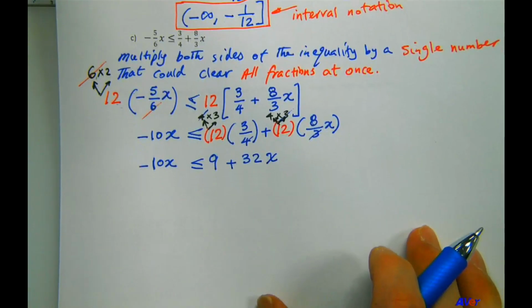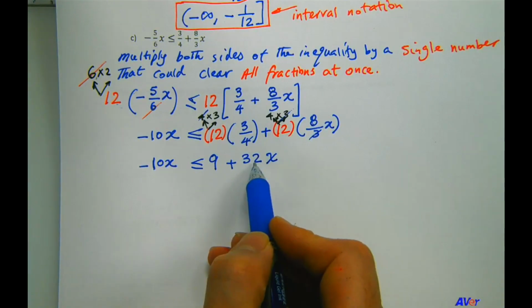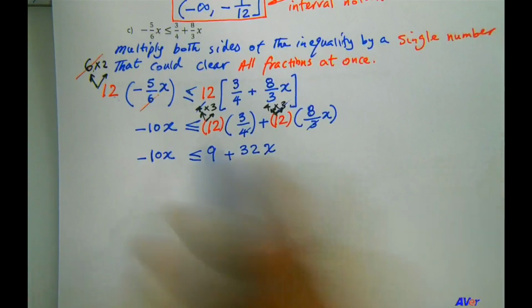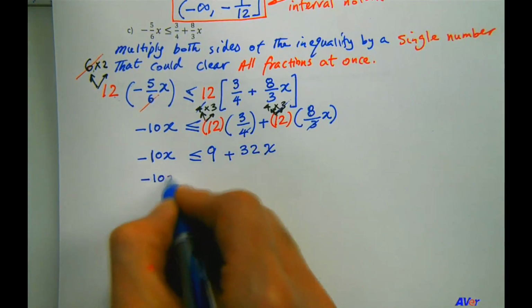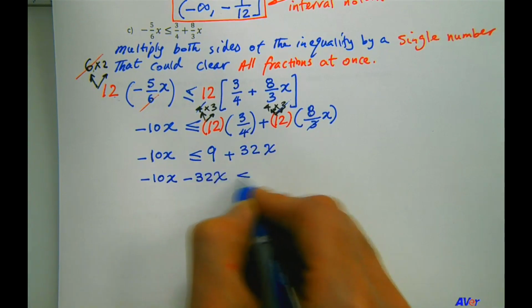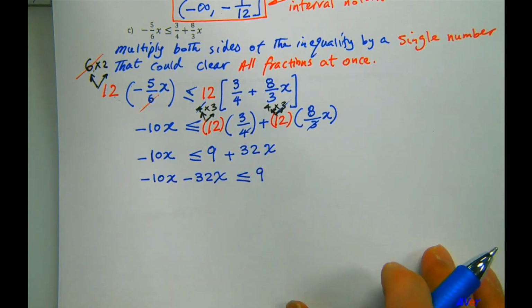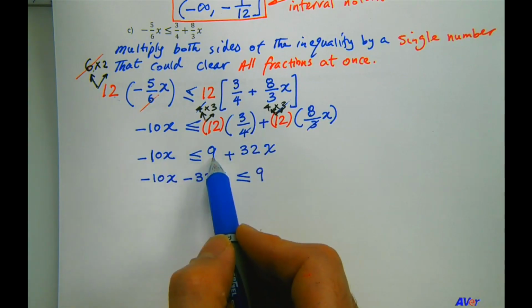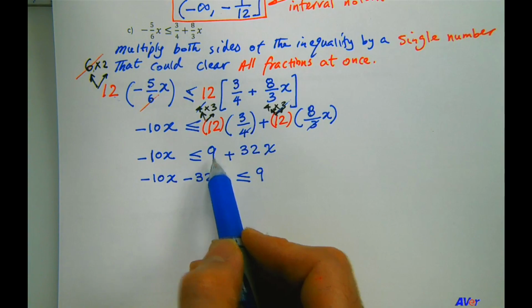Okay, so now let's move all the variables to one side. So we have negative 10x minus 32x less than or equal to 9, right? We're moving all the variable terms to one side and keeping all the constants on one side.